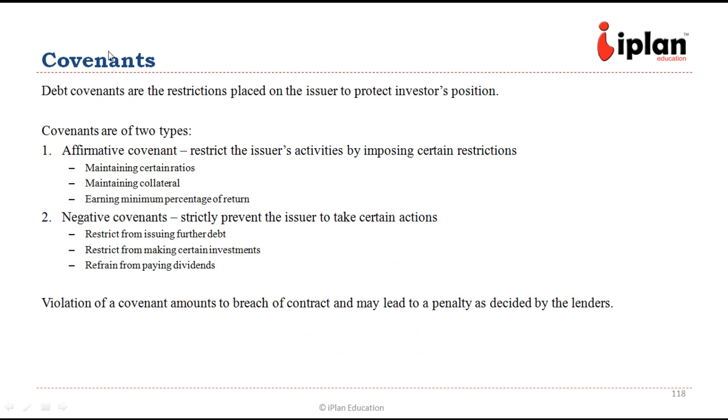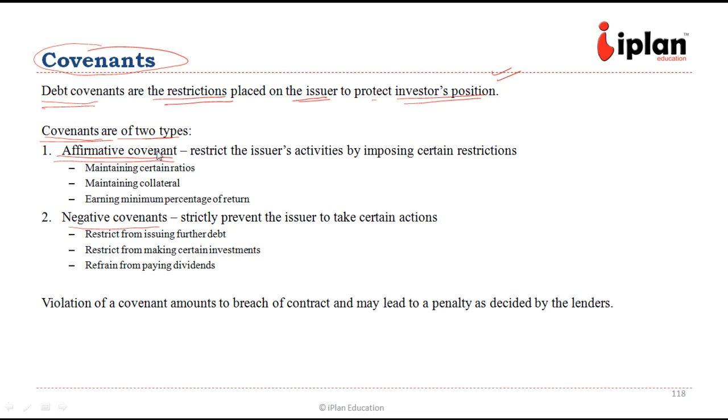Covenants. With the debt or bond, certain covenants are attached, which are nothing but restrictions placed on the issuer to protect the investor's position. So the lenders or fund providers put certain restrictions on the company which is borrowing, which is known as a covenant. They could be of two types. One is affirmative covenants, another is negative.